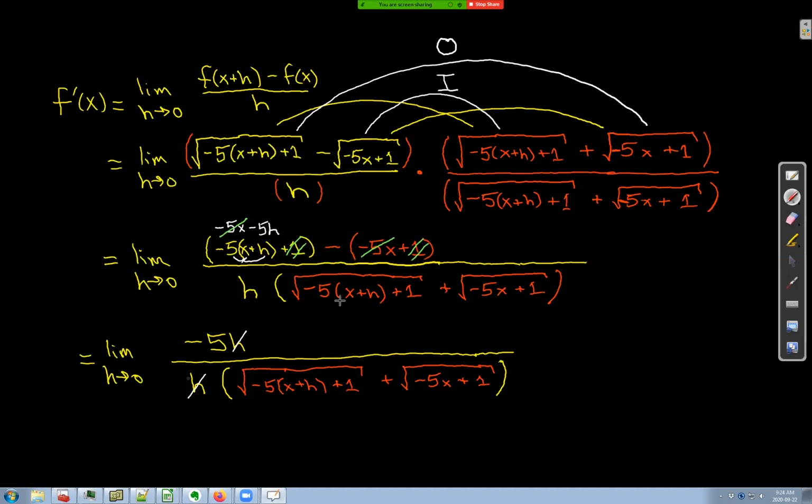I'm running out of room, but I want to make sure that we all understand what's happening here, so I'll show one more step, or maybe 2 more steps. So I got the limit as h goes to 0 of, now we just have a -5 in the numerator. And in the denominator, we have all this red stuff.